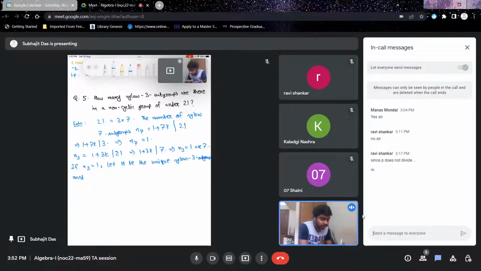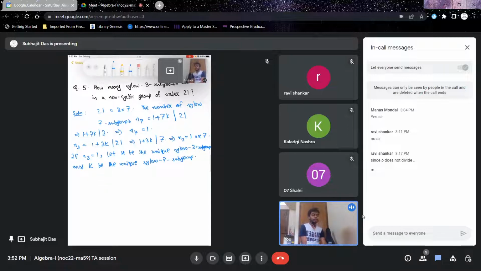So there is exactly one Sylow 7 subgroup, and let K be the unique Sylow 7 subgroup. So you have H, the unique Sylow 3 subgroup of G, and K, the unique Sylow 7 subgroup of G, and both are clearly normal in the group, right?